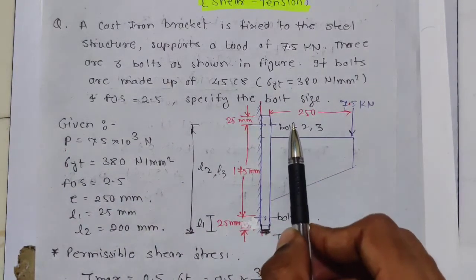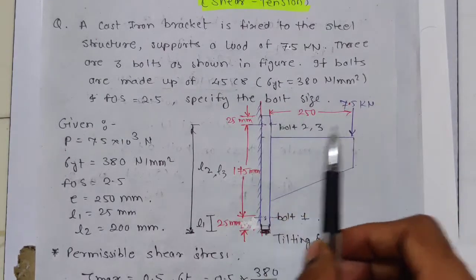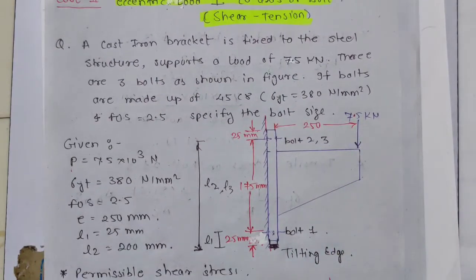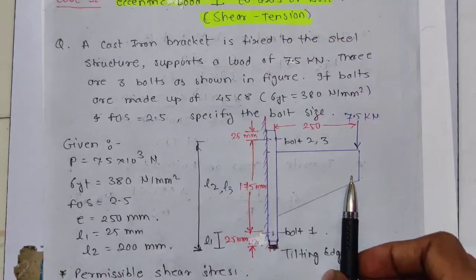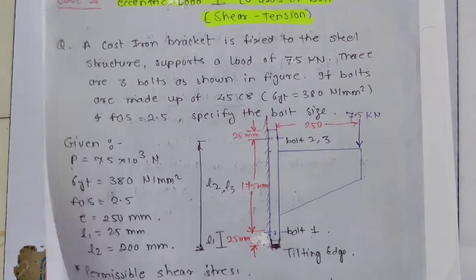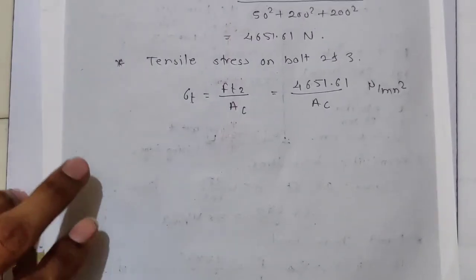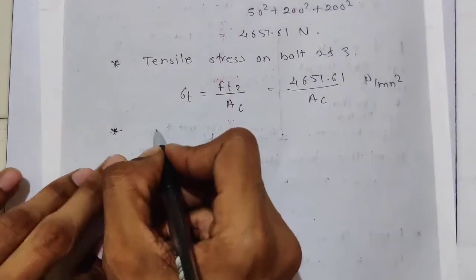So at a time on the bolt, direct shear stress is acting and tensile stress is also acting, so we have to use principal theories. Which failure theory is applicable? Again the bolt is made of ductile material, and for ductile material I have already told we use the maximum shear stress theory.